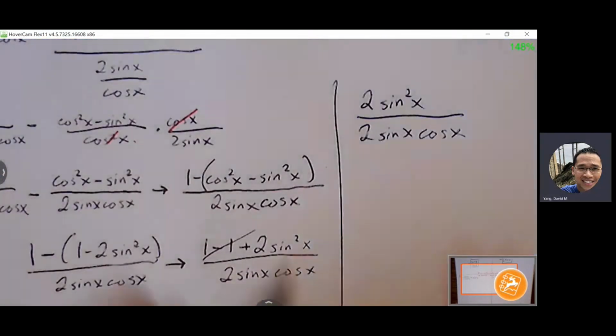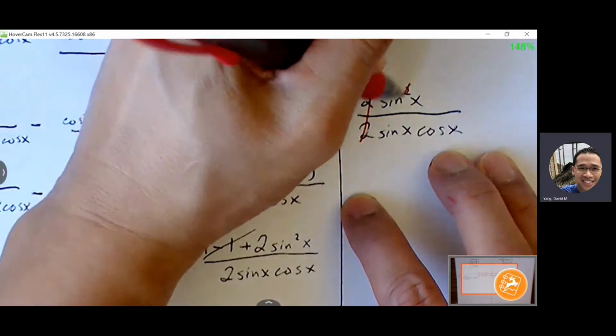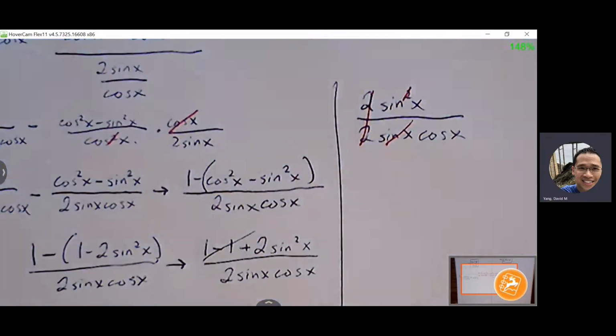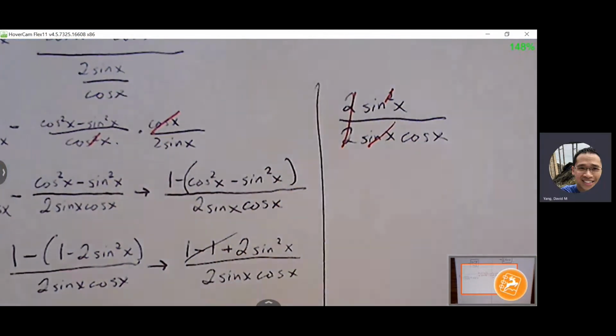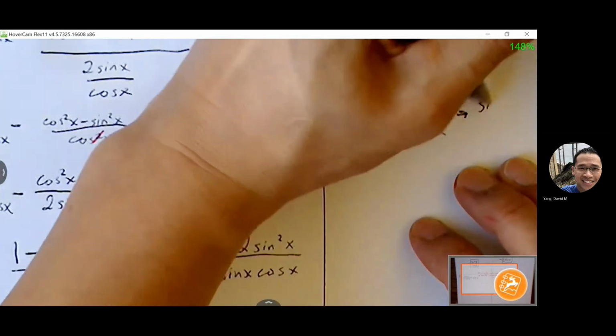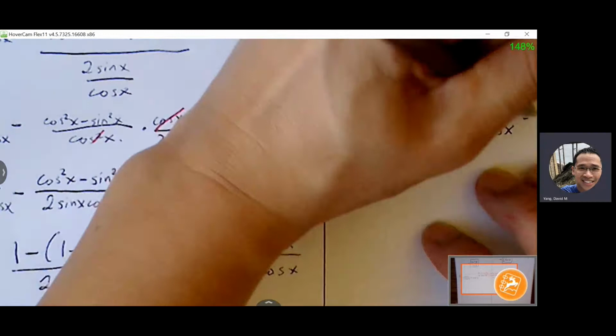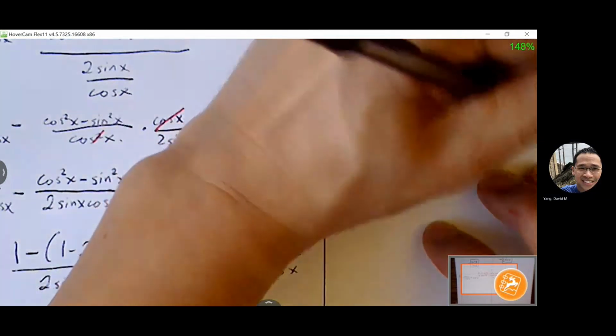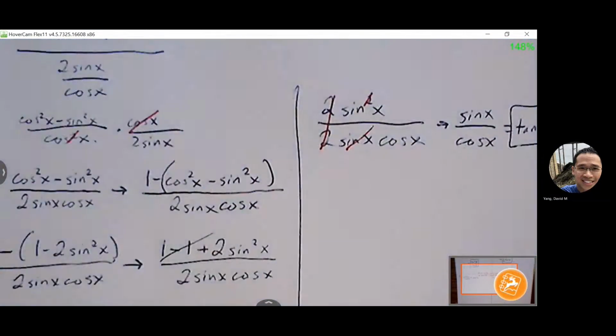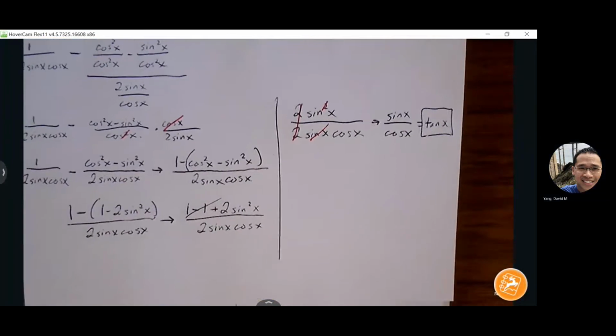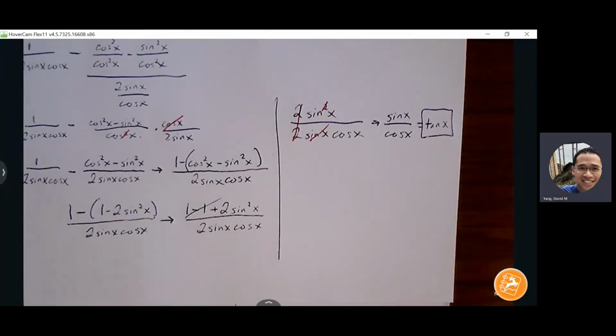Okay, the 2's can pair up. One of the sines can go away, and we're left with sine over cosine, which is tangent of x. Okay, that's a messy one there.